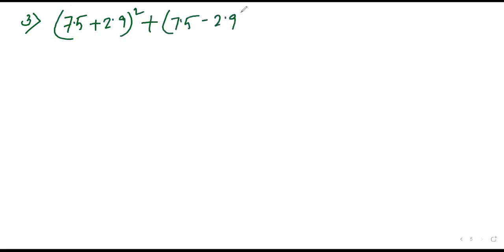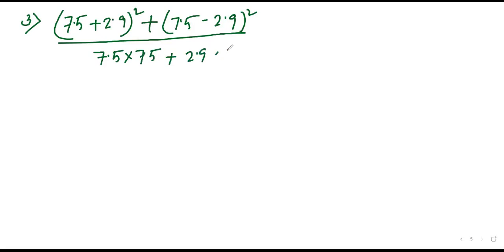Just see example 3. (7.5 plus 2.9) whole square plus (7.5 minus 2.9) whole square, divided by 7.5 into 7.5 plus 2.9 into 2.9.